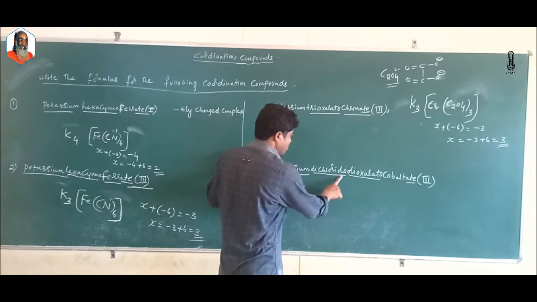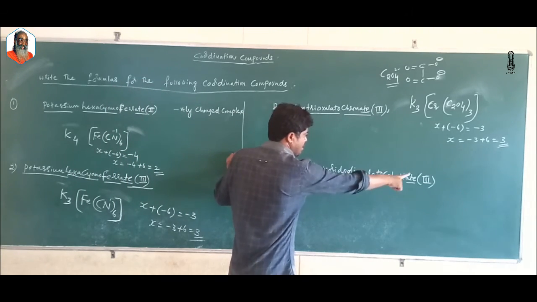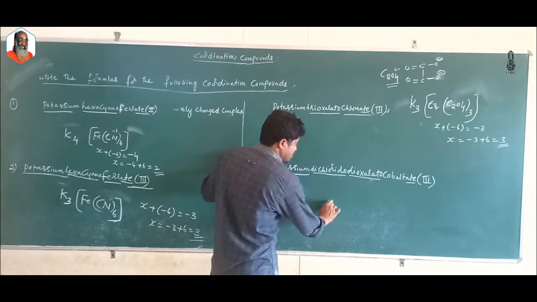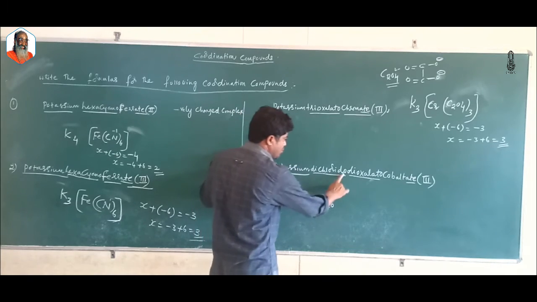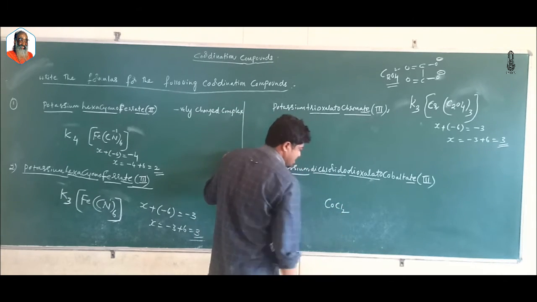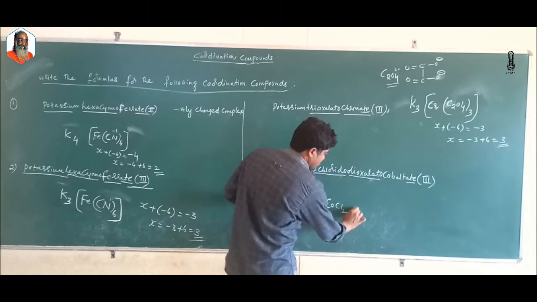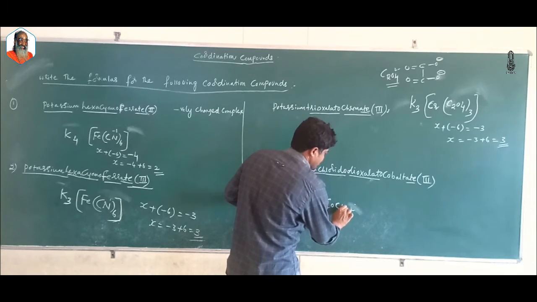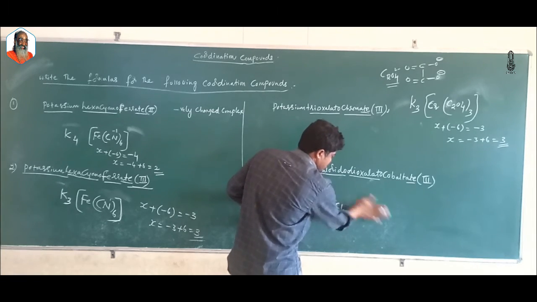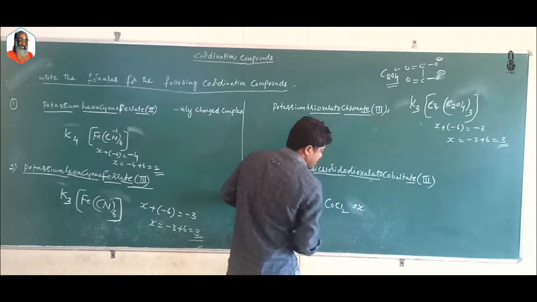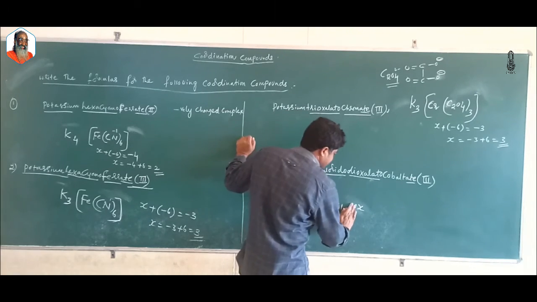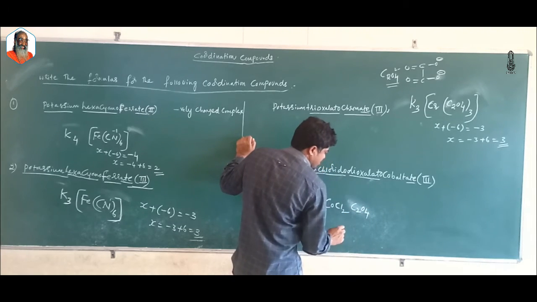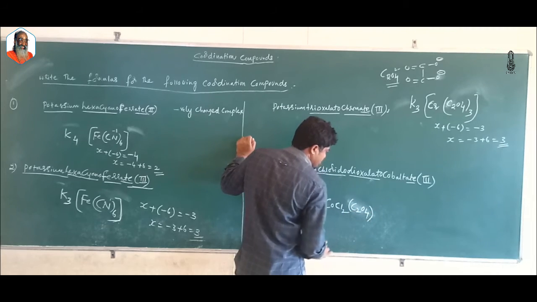See here, dichlorido dioxalato cobaltate(III). What will be the formula? First we will keep cobalt. Dichlorido means Cl2. Dioxalato, we can write it like this. You can write oxalato in abbreviated form, or you can write it as C2O4 enclosed in brackets.